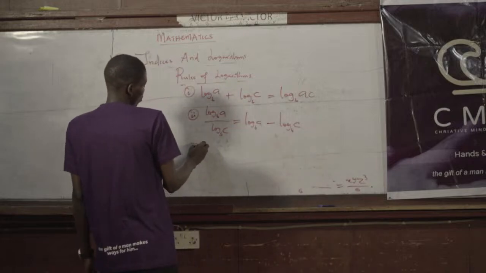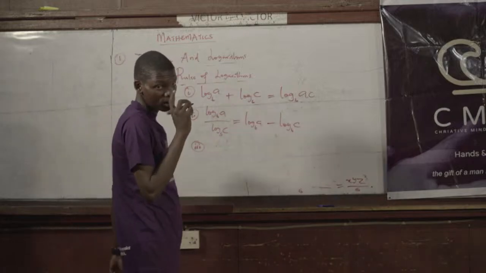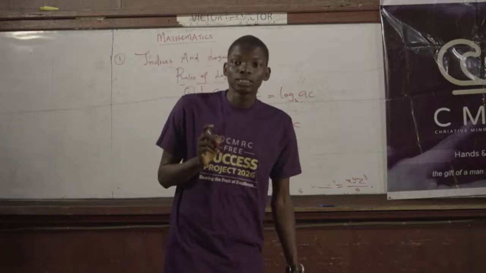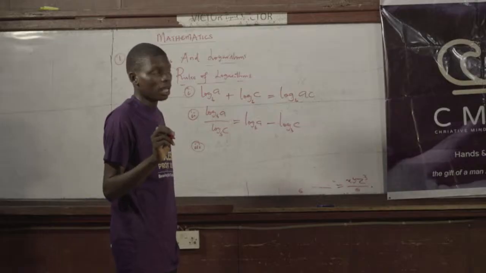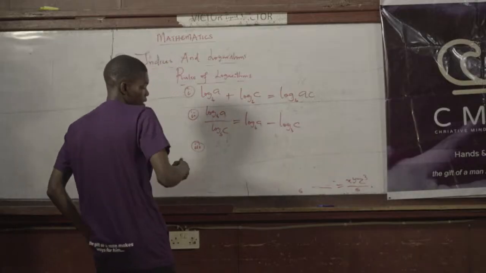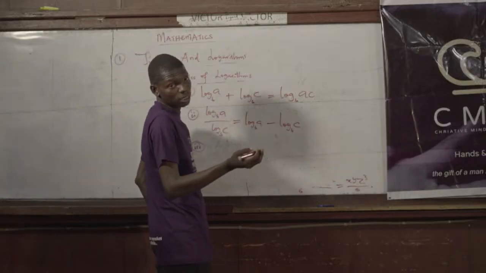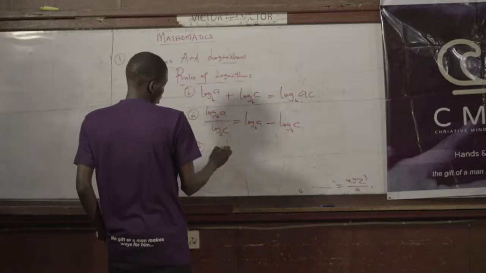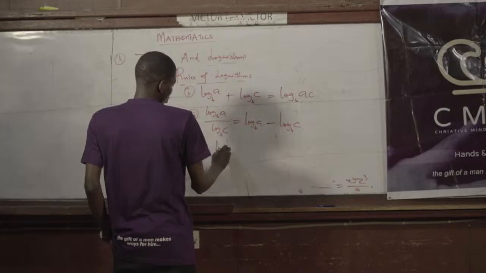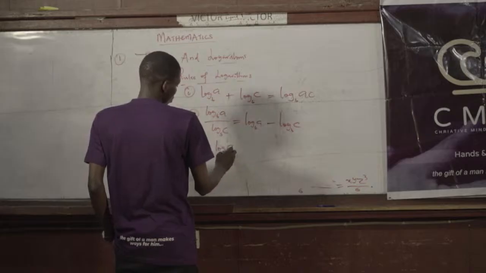All right, using this, let's see all the rules that we have. We have another rule called the change of base theorem. What we mean by the change of base theorem is how you can simplify and work with your base. You can change it to anything you like. Take for instance log a base b.